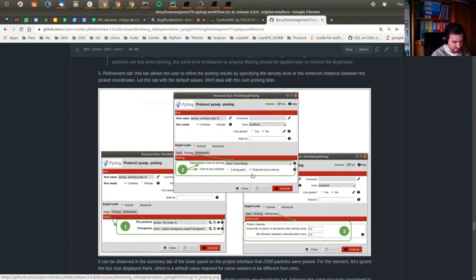This second option will take us to a scenario of overpicking, but it's better than missing or low picking because we are not leaving back any non-picked particles, and we can filter and refine everything later. So better more than less in this case.